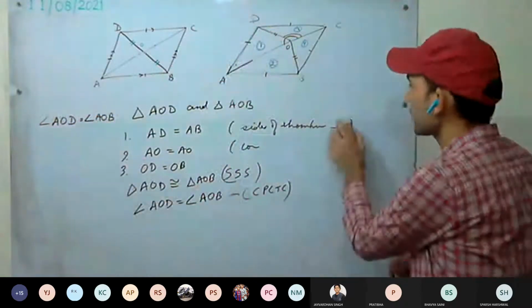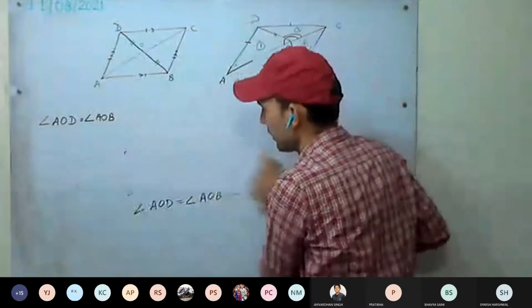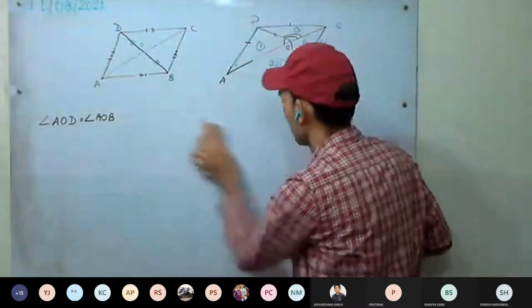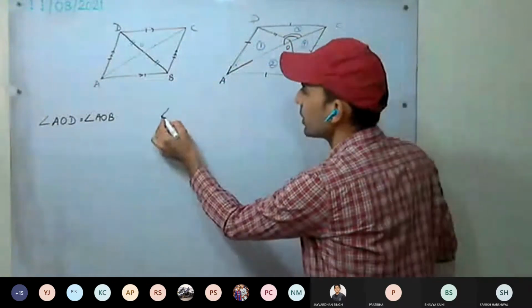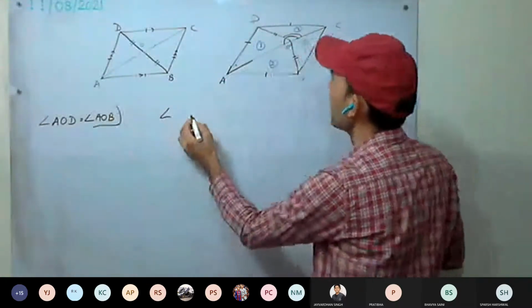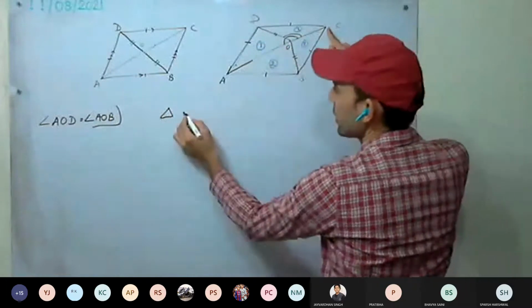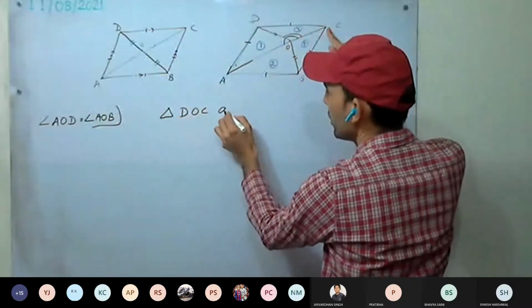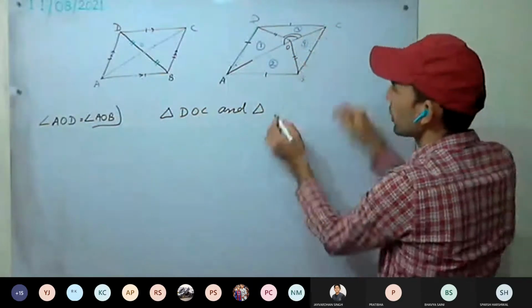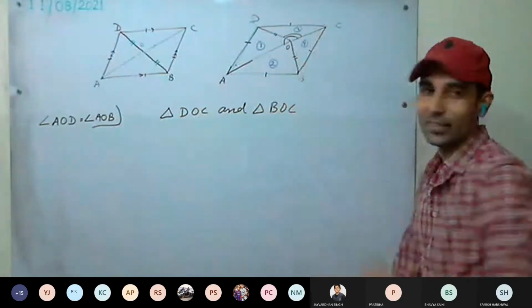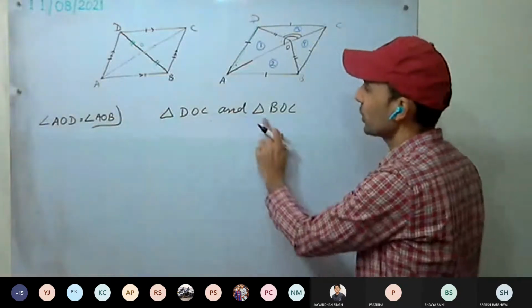Now take the other two triangles: triangle DOC and triangle BOC. Now prove them to be congruent.